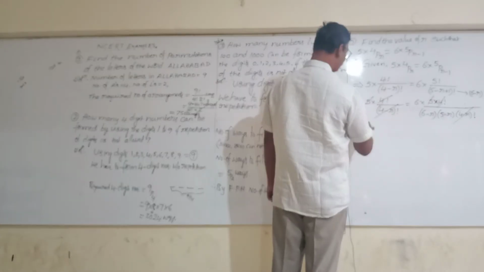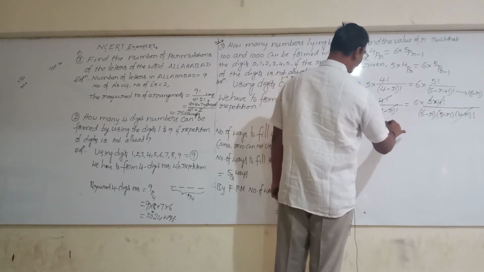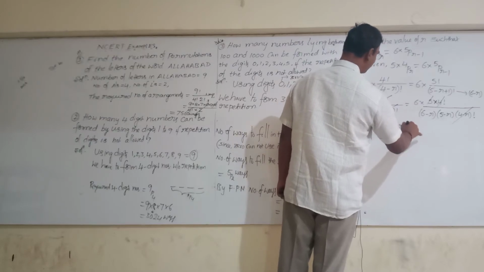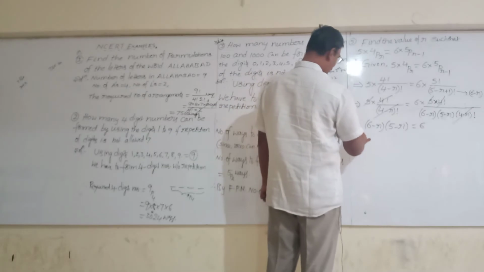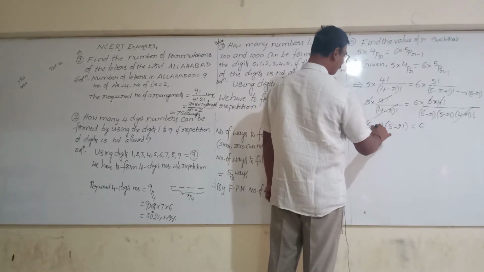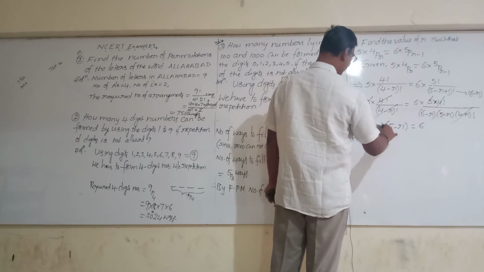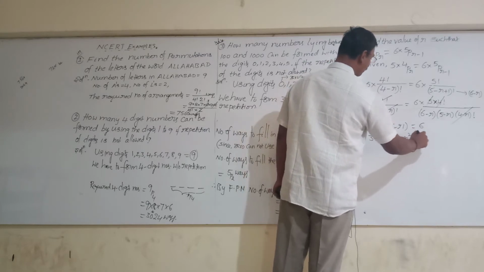Cross multiply 6 minus r into 5 minus r is equal to 6. Multiply 6 into 5, 30. And minus 6r minus 5r, minus 11r plus r square is equal to 6.